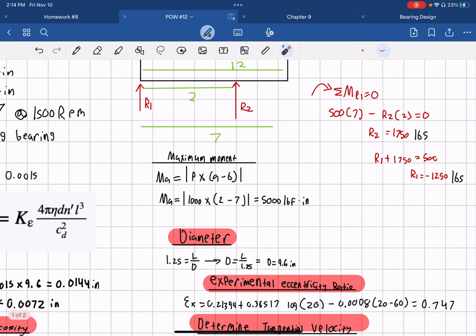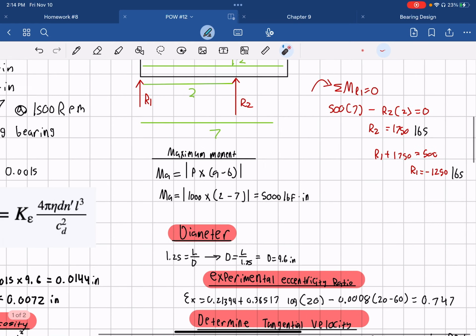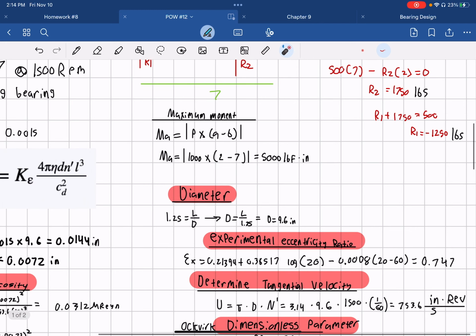Next, we want to find the max moment, which is 5,000 pounds per inch. Then we find the diameter, which since we were given the ratio of length over diameter and the length of the shaft, we can find to be 9.6 inches.